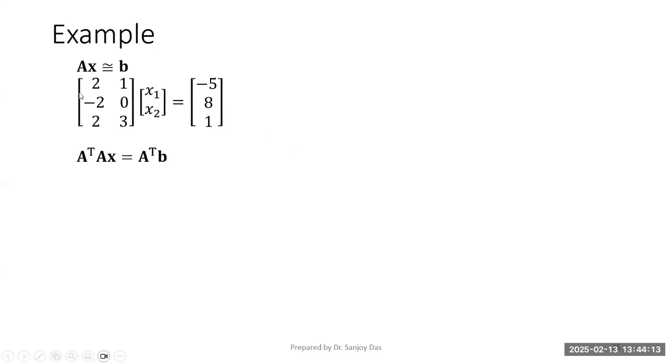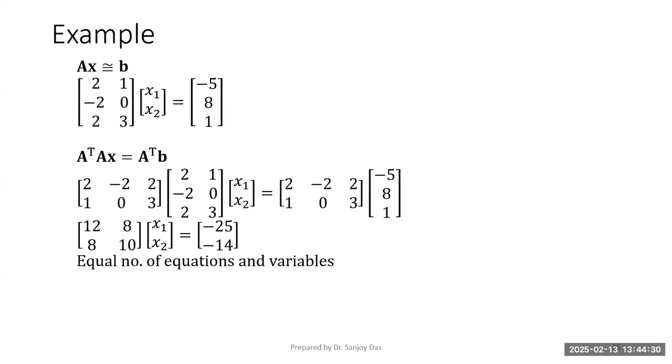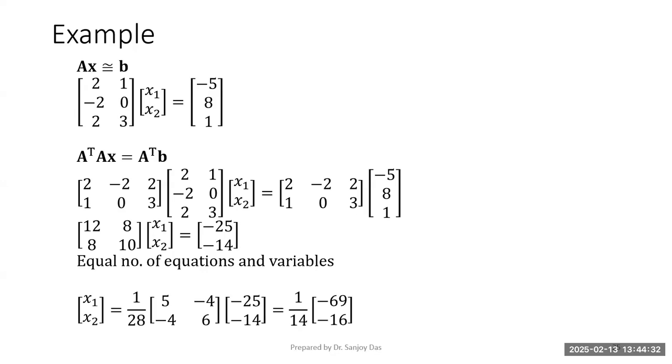So what we do is we just pre-multiply both sides with A transpose, and then we get this. So this is really nice. We have the same number of variables as the number of equalities we want to satisfy, and so we go ahead and solve this. And this is our solution, x1, x2.